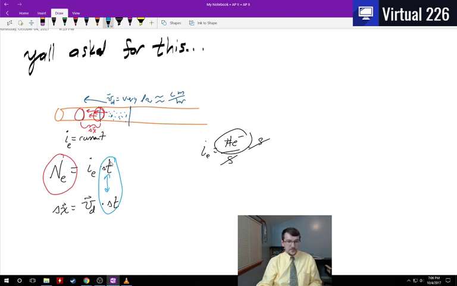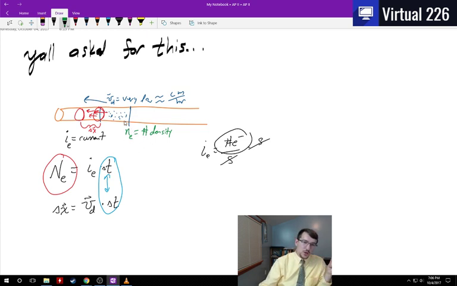Because of this, we could imagine that if we have some number density of electrons, so this is a number density, then what we could look at is the number of electrons passing through this distance or this space in time, this volume, so to speak.